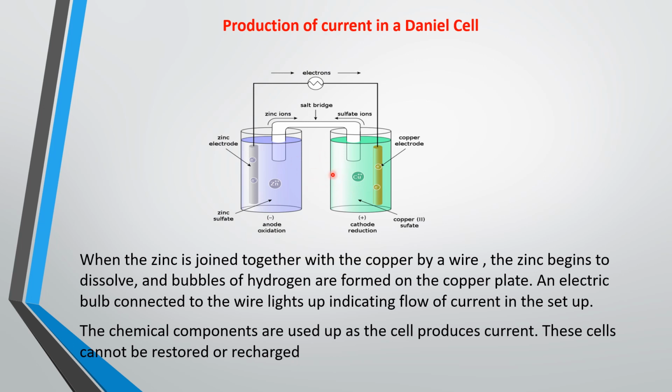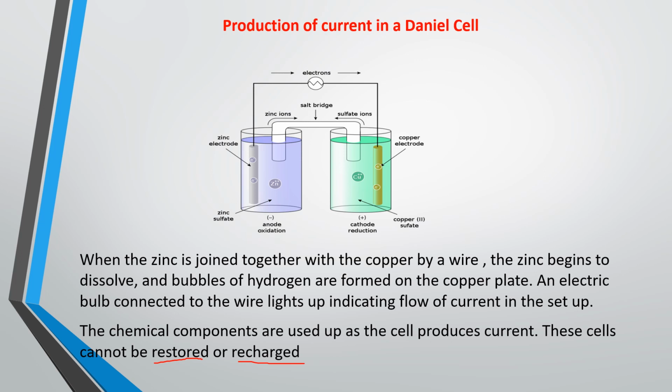As I've said before, this cell cannot be recharged. It cannot be restored or recharged. The chemical components are used up as they are producing current. Okay, so this is how the Daniell cell works.